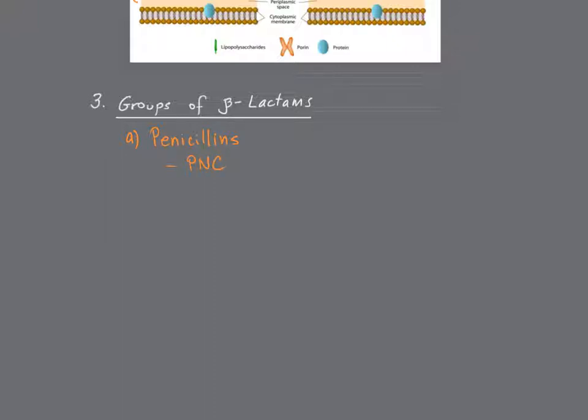The first one is penicillin per se. It's the natural penicillins. This is the one that was discovered by Alexander Fleming in the year 1928. These can be divided into penicillin G, the one we give IV, and that's used mostly for patients that are admitted to a hospital that require IV therapy to treat streptococcal infections, for example, group B strep in newborns.